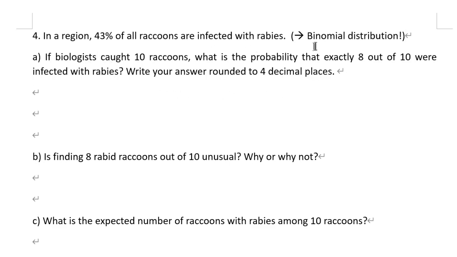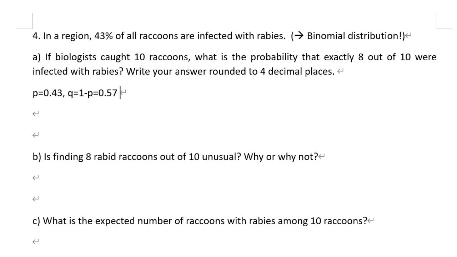So for this, once you know that it's a binomial distribution and you caught 10 raccoons and you're trying to see what's the probability that 8 out of 10 were infected with rabies, what you do is you say, oh, the probability is 0.43, and because Q is 1 minus P, that will give you 0.57 as Q, and you need the Q if it's a binomial distribution because the formula requires that.